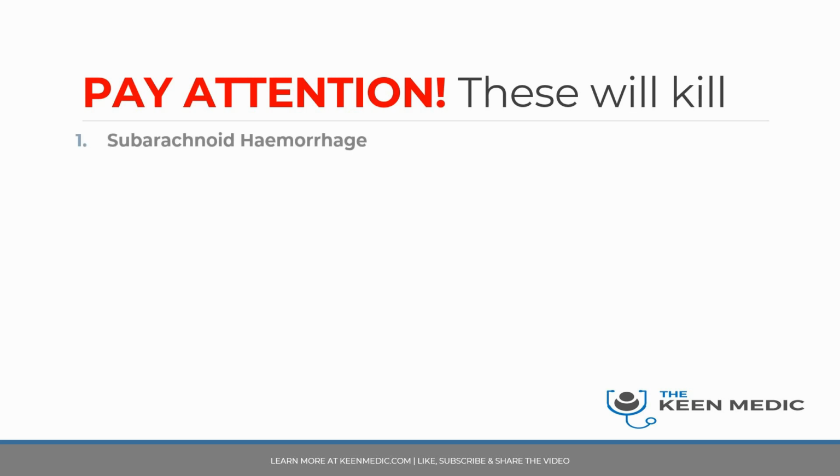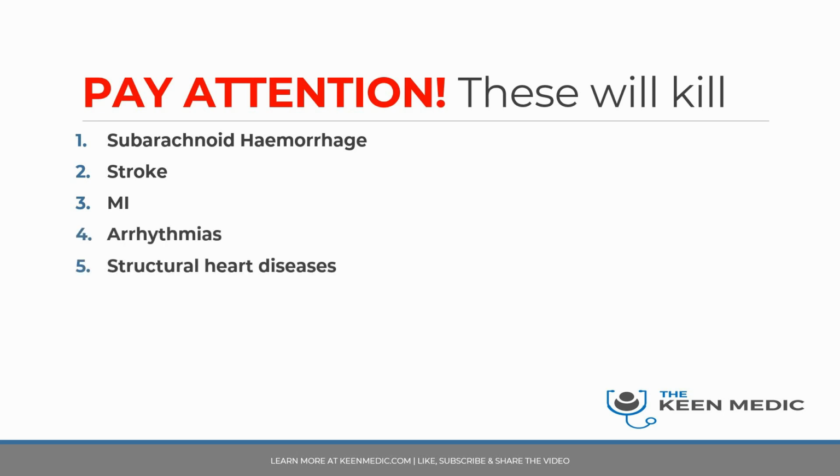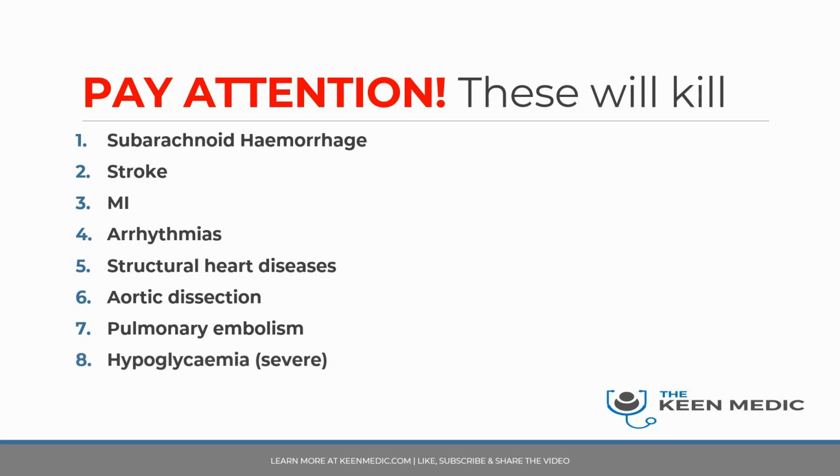First and foremost, subarachnoid hemorrhage, stroke, myocardial infarction, arrhythmias, structural heart diseases like hypertrophic obstructive cardiomyopathies, aortic dissection, pulmonary embolism, and hypoglycemia, which is severe. Okay, so these 8 things are your holy grail when it comes to loss of consciousness. You have to always, without any exception, be looking for all of these every single time.